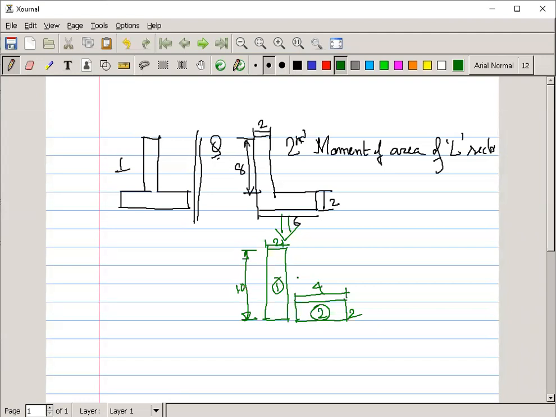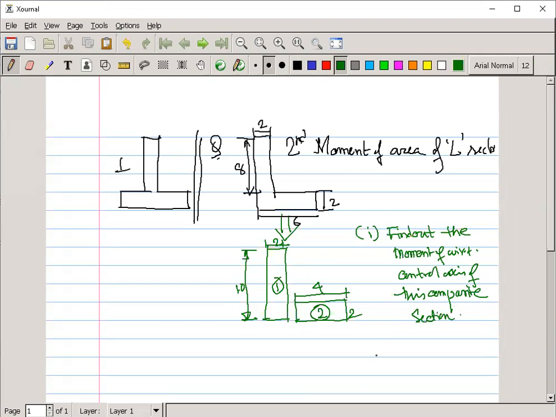Now two things are there. First, in the question suppose they say: find the moment of inertia or moment of area with respect to the centroidal axis of this composite section.